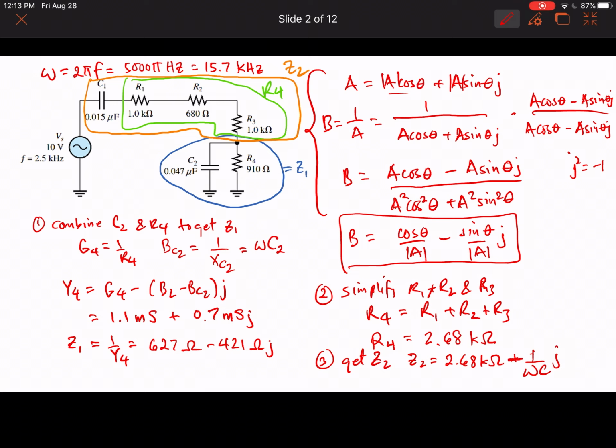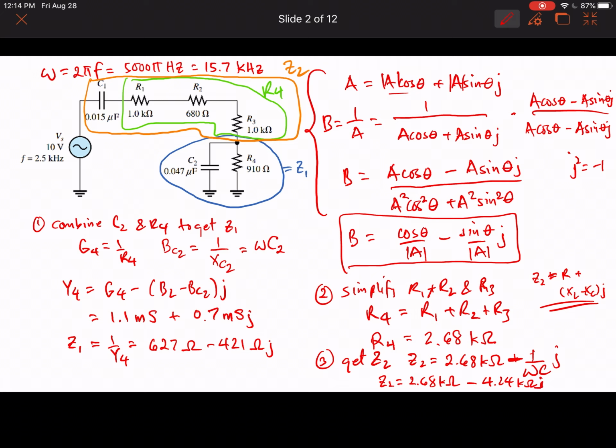Sorry, this should be minus, because recall the equation is Z2 is equal to R plus XL minus XC j hat. So this should have a minus sign. So Z2 for us will be equal to 2.68 kilo ohms minus 4.24 kilo ohms j hat.